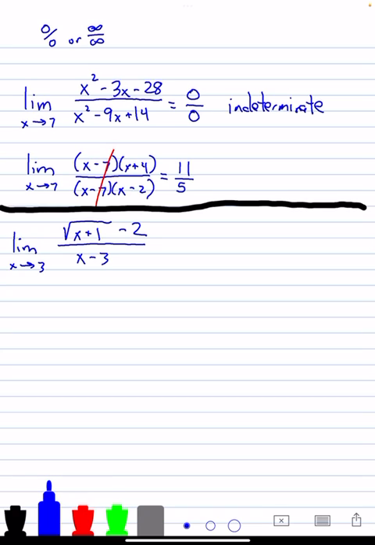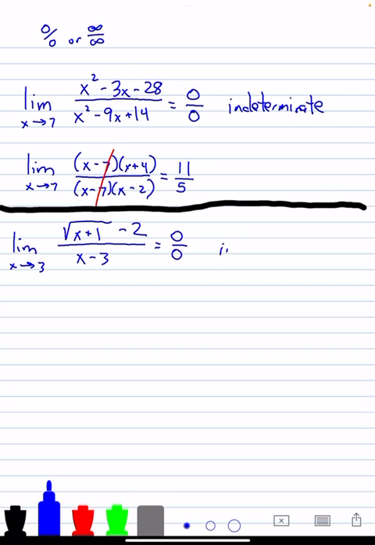We have the limit of the square root of x plus 1 minus 2 divided by x minus 3, as x approaches 3, of course. So if we were to use direct substitution and plug 3 directly in, we would get the square root of 3 plus 1, which is the square root of 4. Square root of 4 is 2. 2 minus 2 would give us 0. And 3 minus 3 would give us 0.